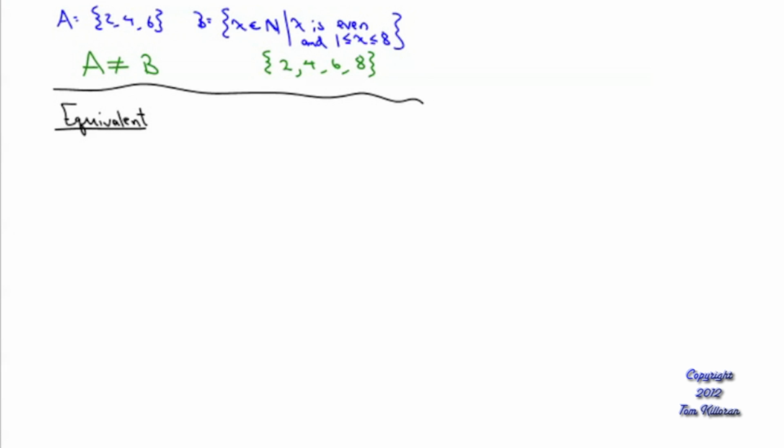When we talk about equivalent, we have to also talk about something called the cardinal number. The cardinal number of a set is just how many elements are there. So this just answers one question: how many elements in set A?